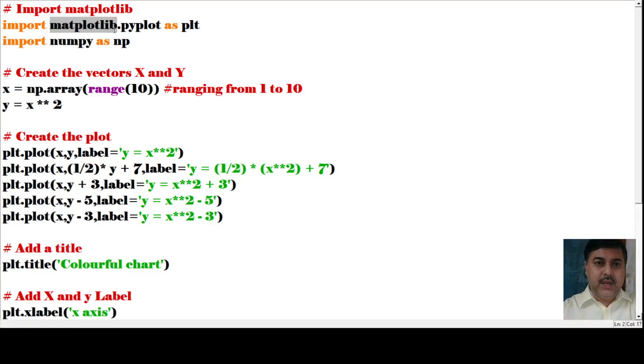This numpy means that we are creating the structures. Numpy is used, as we know, for the data structures that we are going to build. So for the data structures or data frame, numpy has been implemented here.